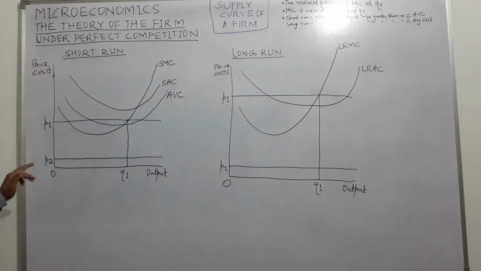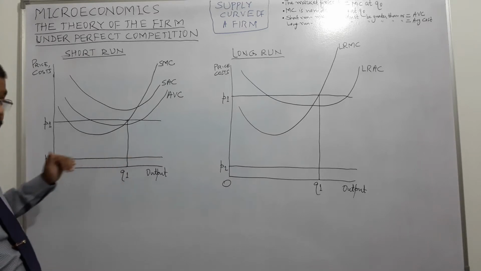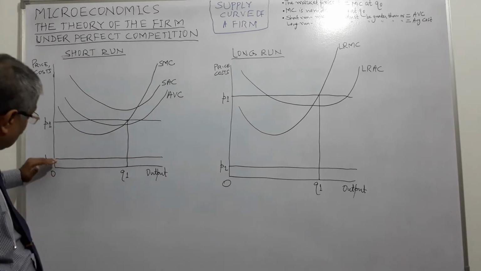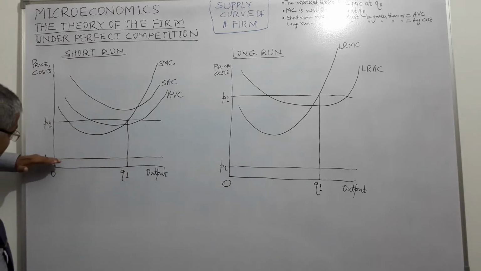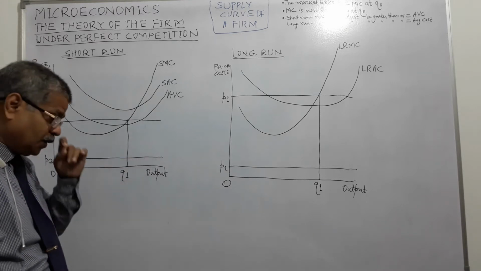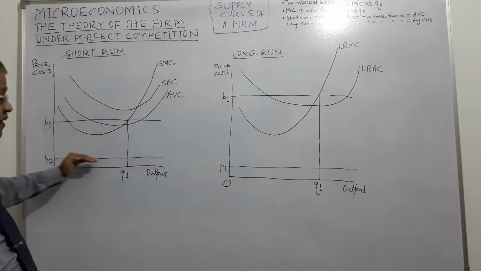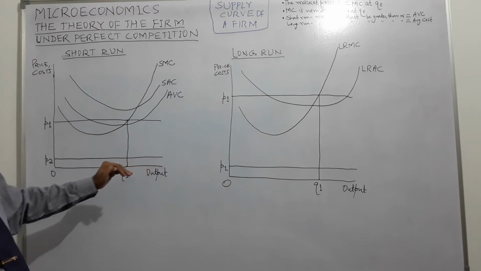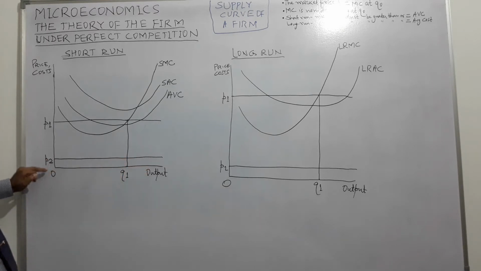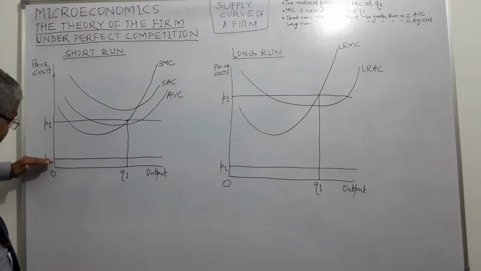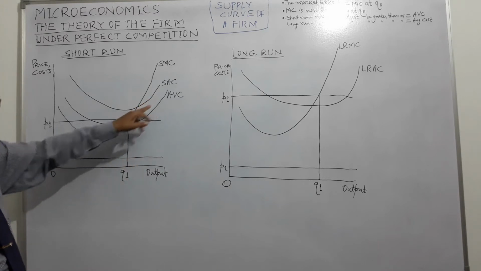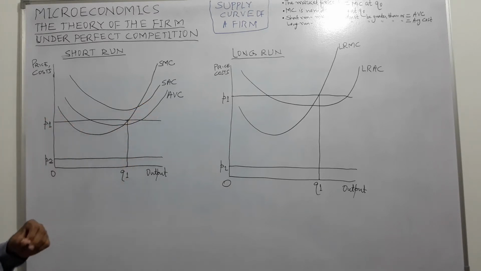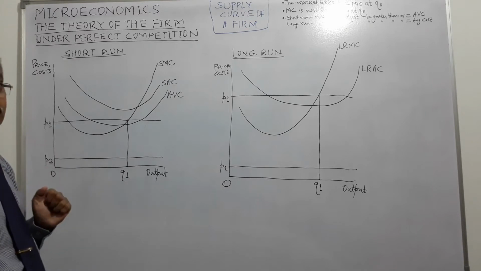Suppose we take a lower price level of P2. So at P2 you will find that for all positive levels of output, AVC remains higher than the P2 market price. Average variable cost remains higher than market price.